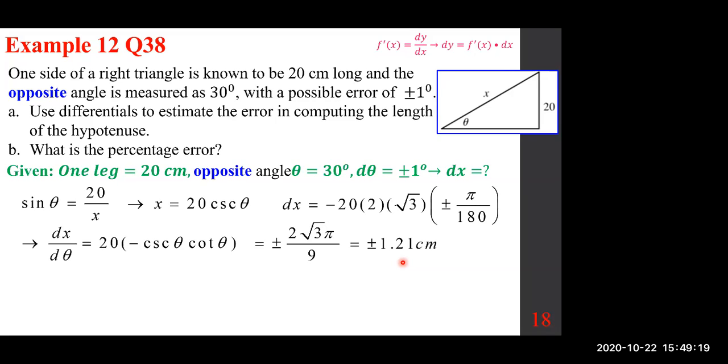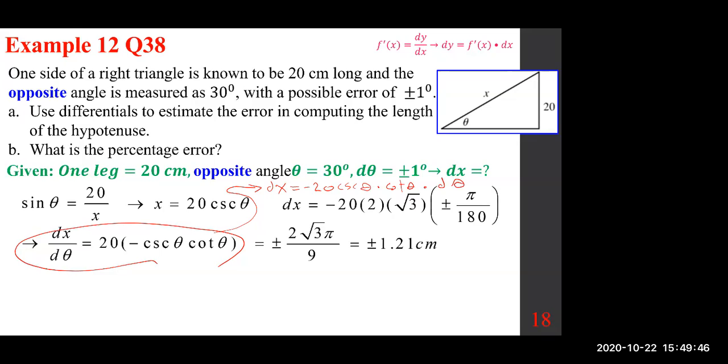What you probably want to write is this, class. Let me just do this. After this, I would write dx equals minus 20 cosecant theta times cotangent theta times d theta.